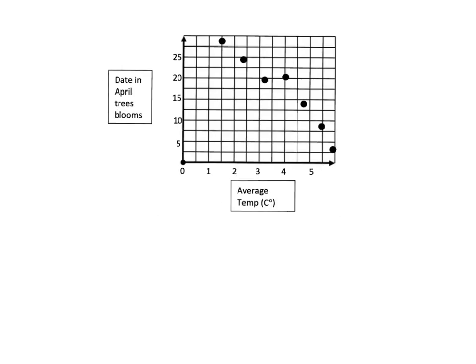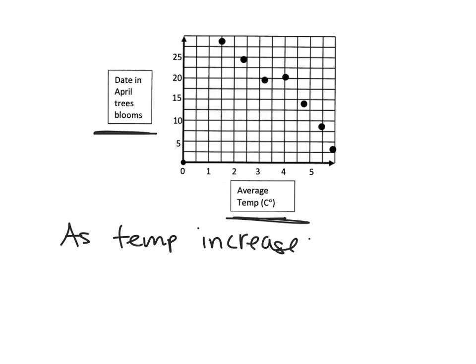And the last one, we're comparing temperature and the date in April that trees bloom. So as the temperature is increasing, as I'm going from left to right, I can see that it's going down.